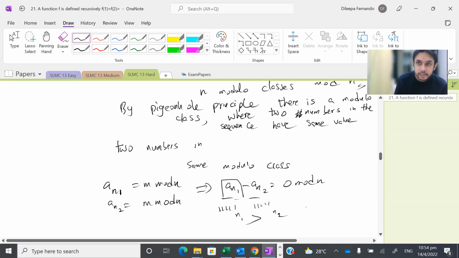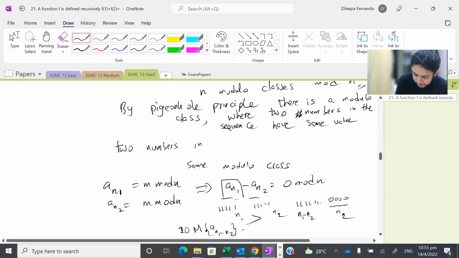That means you will find n2 zeros, and n1 minus n2 ones. And now you can see this is a multiple of 10. So this means you can write this number as 10 into some capital M into a n1 minus n2, which is a member of the sequence.